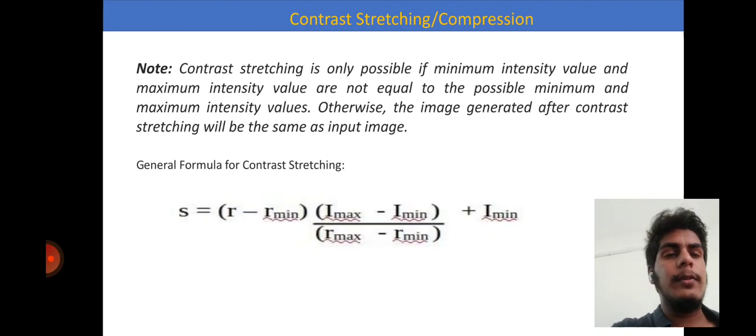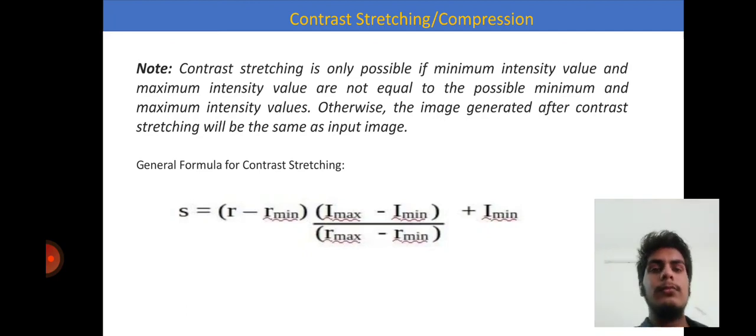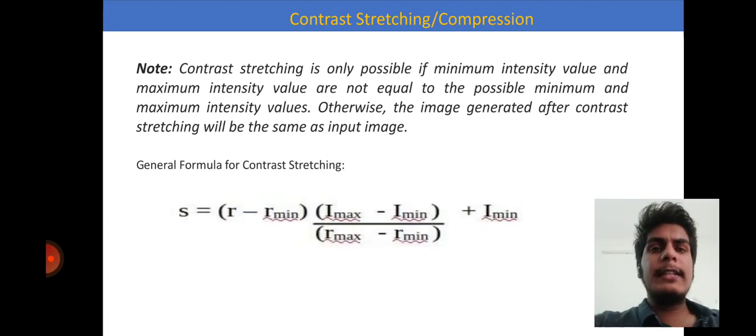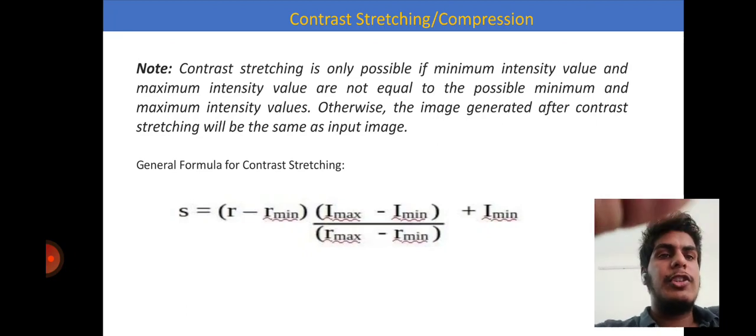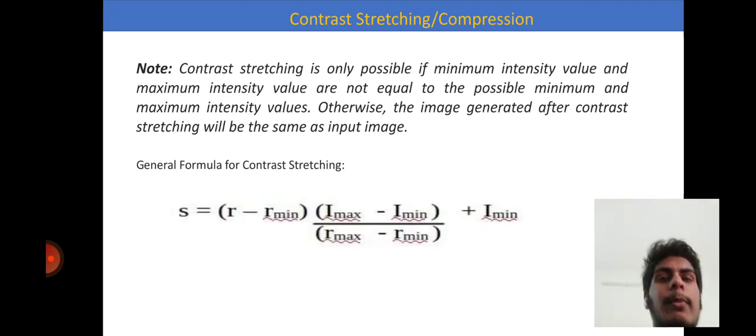Contrast stretching is only possible if the minimum intensity value and maximum intensity value are not equal to the possible minimum and maximum intensity values.